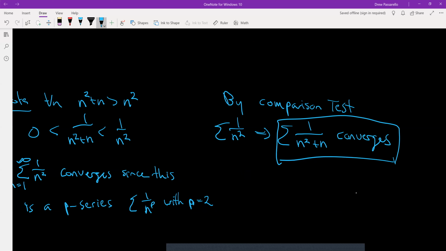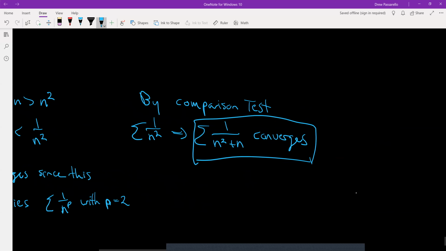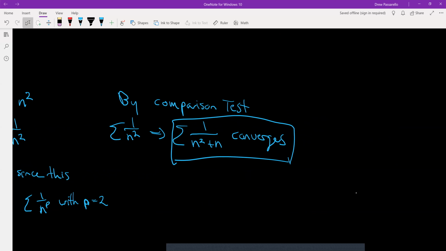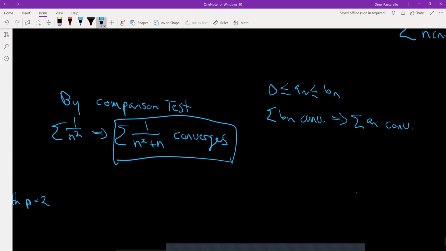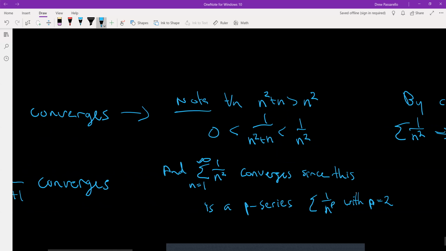All right, and recall that comparison test. You need it so that you have 0 less than or equal to an less than or equal to bn, and then the convergence of bn implies the convergence of an. Right, so that converges by comparison test.